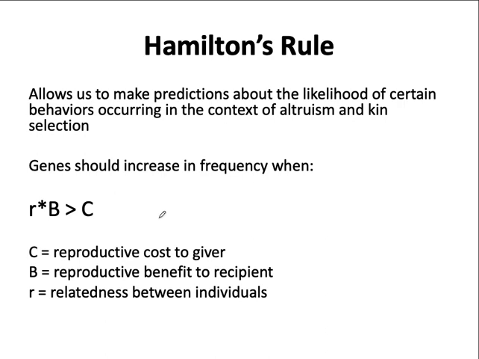So altruism can evolve in a population if a potential donor can more than make up for losing C offspring, when they can make up for the loss of direct fitness by adding to the population offspring bearing a fraction of its genes. And so the maths all works out.